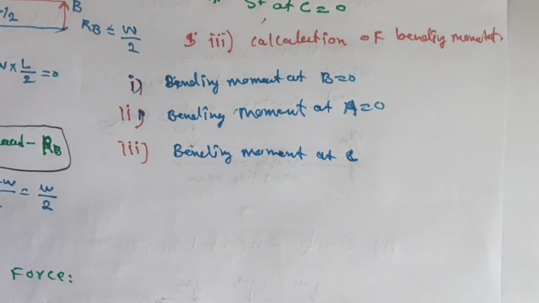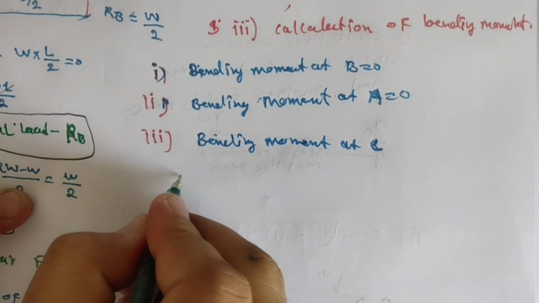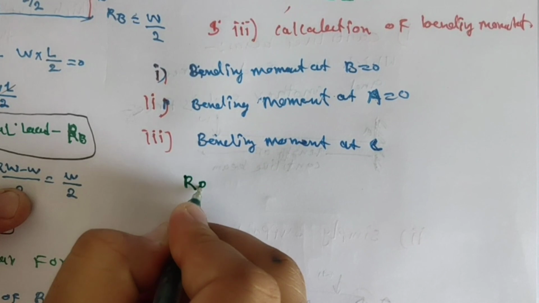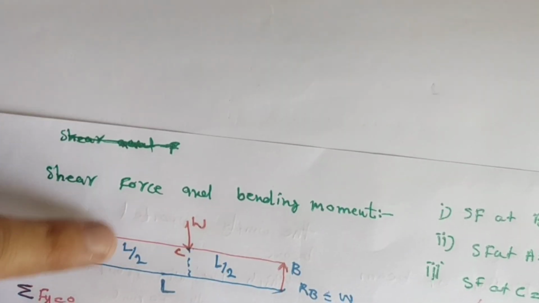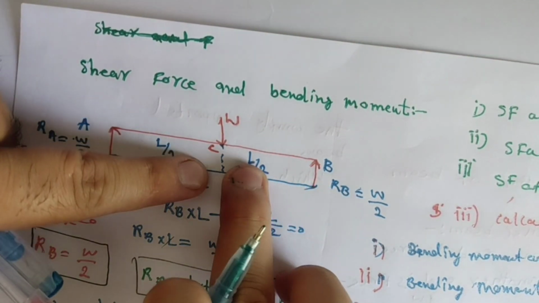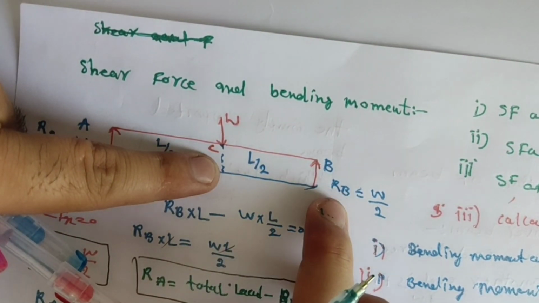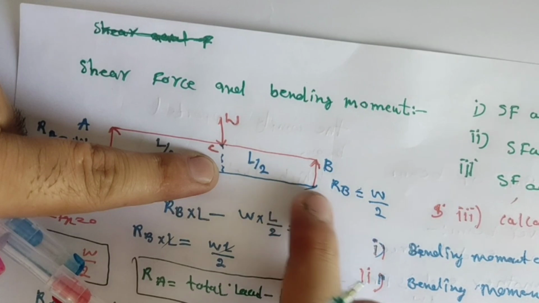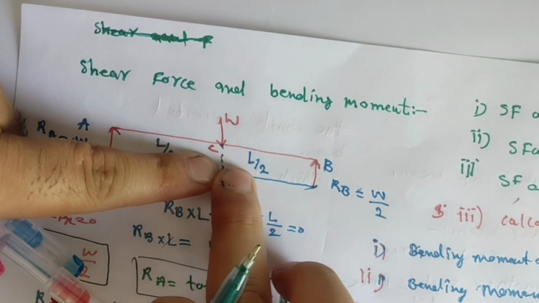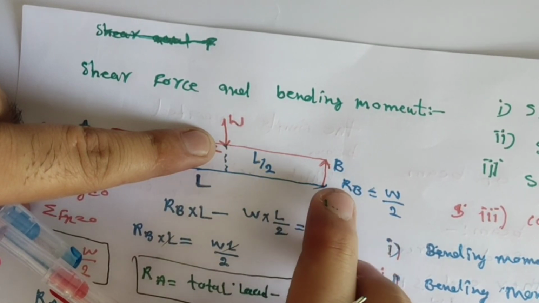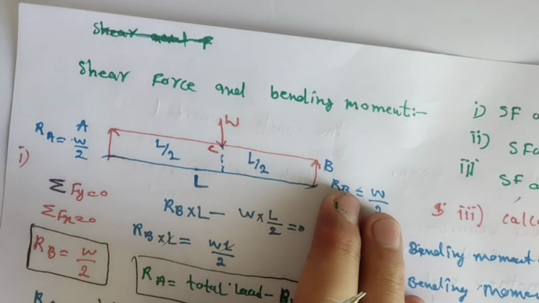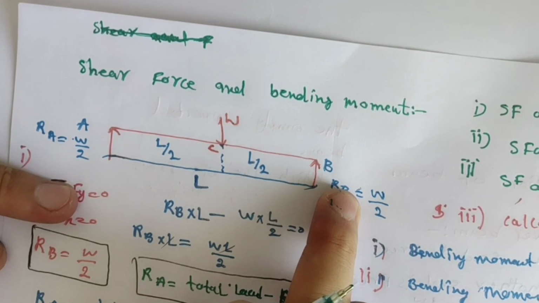Look at here. Now we will calculate the bending moment at the point C. RB into this distance. Look at, dear friends, RB into L by 2, because we find the moment from the right side, RB into the distance B to C. When we find it from the right side or the left side, the bending moment should be equal.